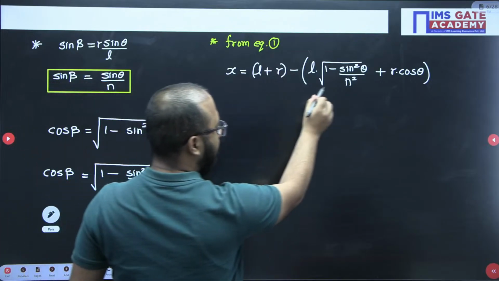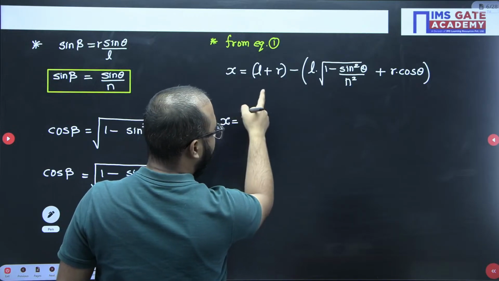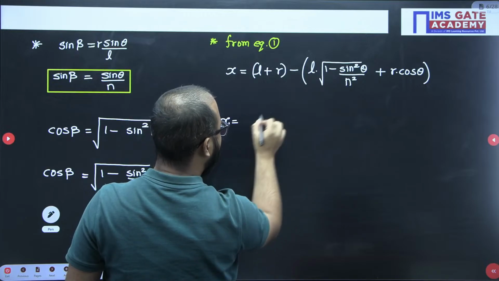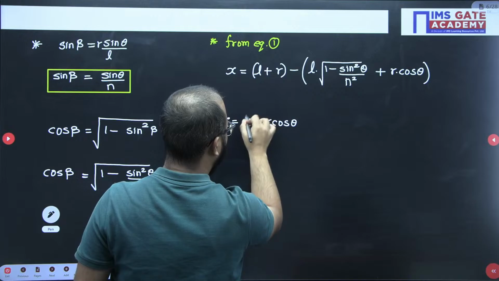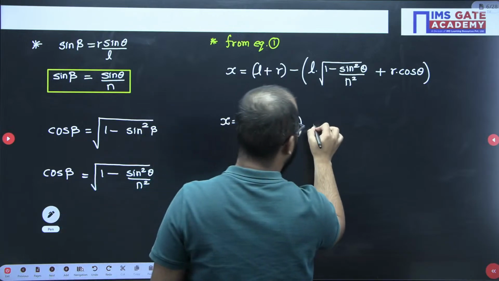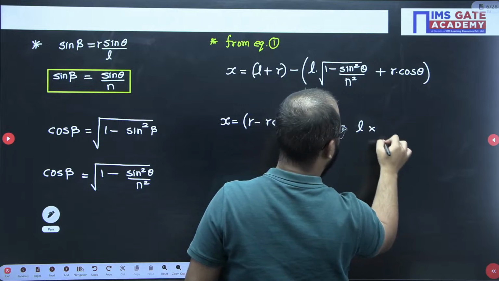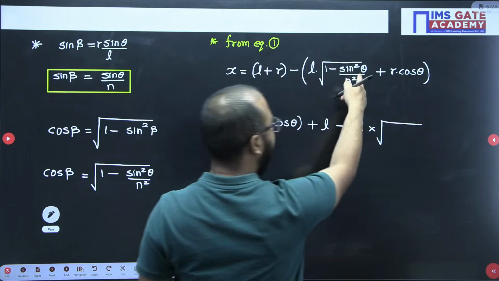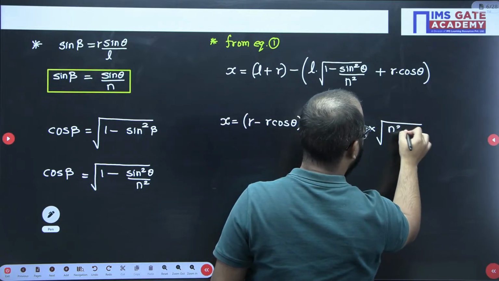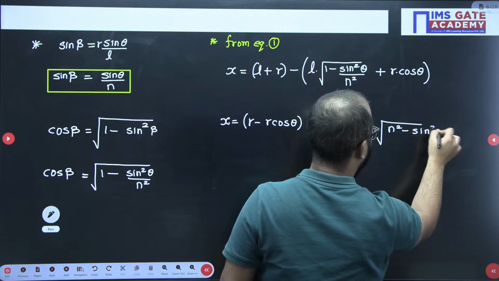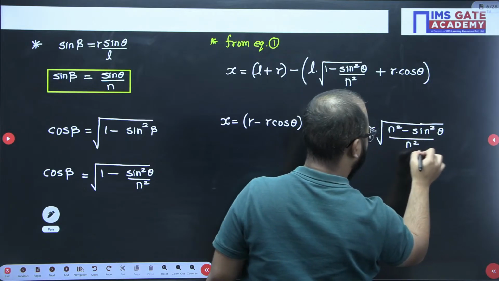So L plus R. This is R and R cos theta, but minus R cos theta, so R minus R cos theta on one side, then plus L minus L into under root 1 minus sine square theta by n square. If I take the LCM, it will be n square minus sine square theta divided by n square.